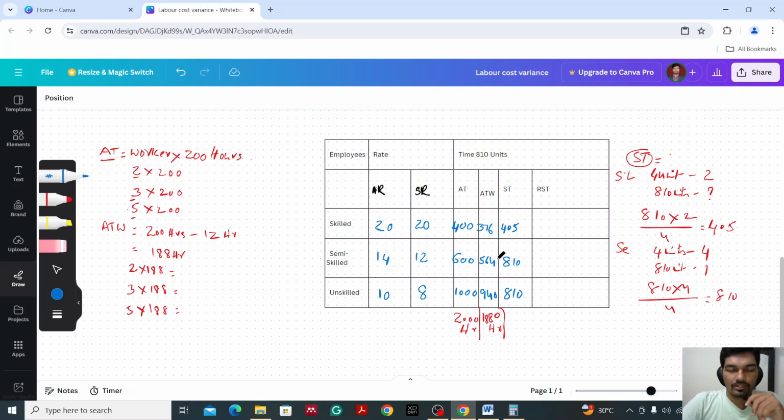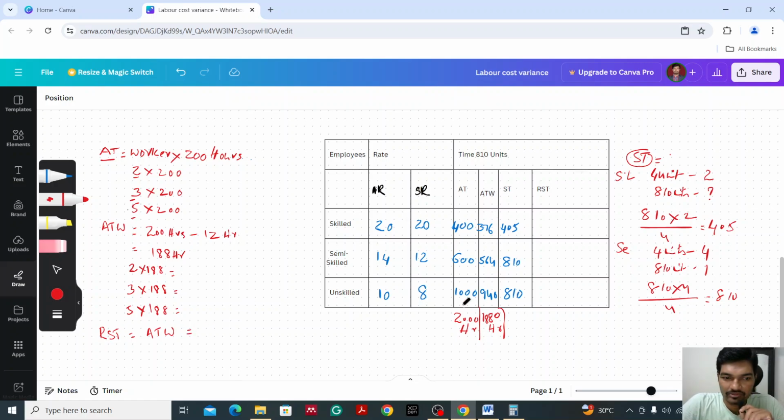So coming to revised standard time, RST. The actual time worked, we know, is here.